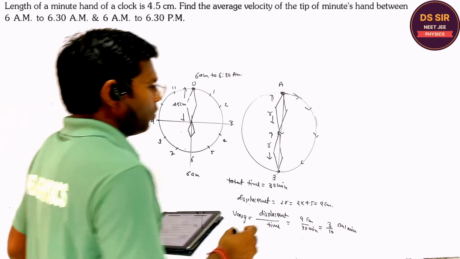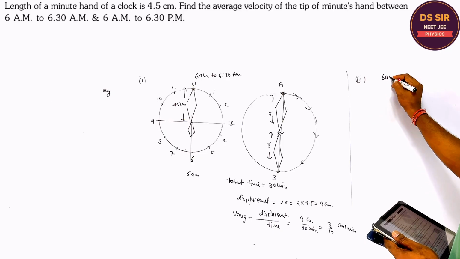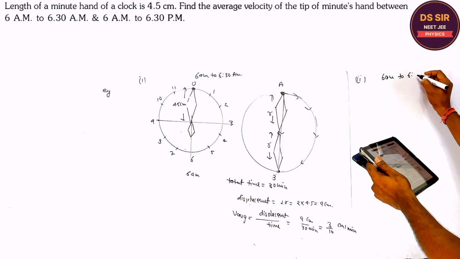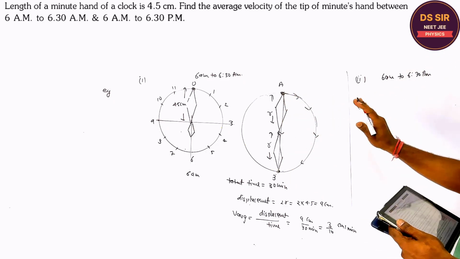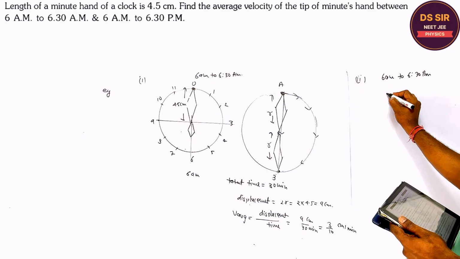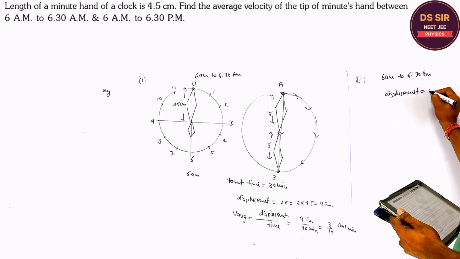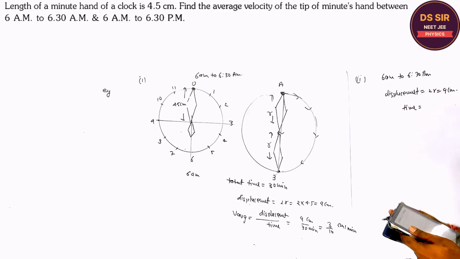Right. So, and what about the second part, you tell? 6 a.m. Yes, displacement is the same and the time will be different, 6:30 p.m. So again, from here the displacement, you are correct. The displacement is what? 2r is equal to 9 centimeters. And what is the time? Can you tell?